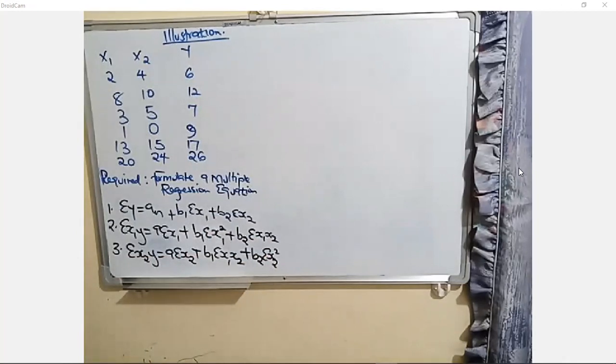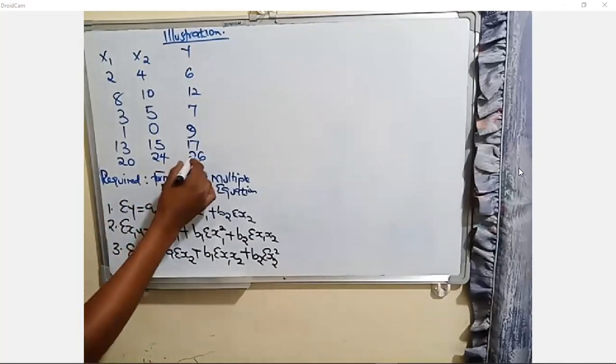So let's look at how to come up with these requirements. The first one is the summation of y, and our n is 1, 2, 3, 4, 5, 6, which I can determine very fast. I also have the summation of x1 and the summation of x2.